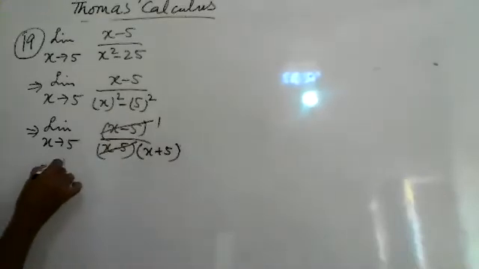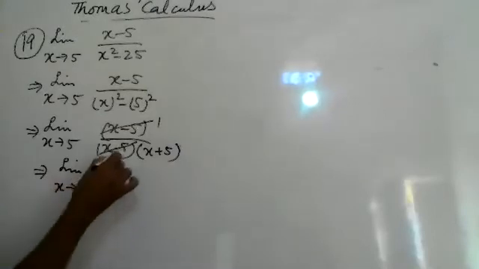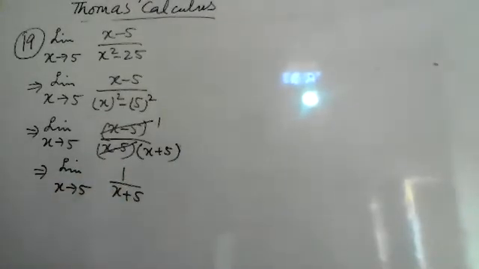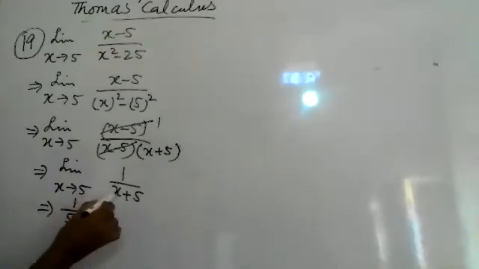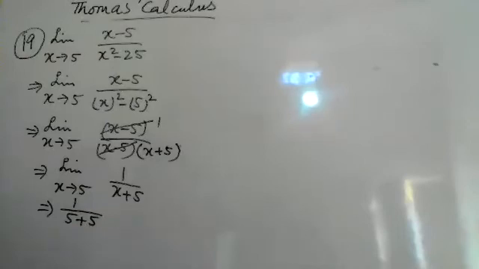So we have limit x tends to 5 of 1 upon x plus 5. Put the values: 1 upon 5 plus 5. The answer is 1 upon 10. This is the answer.